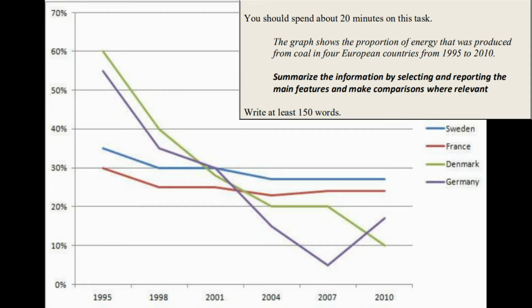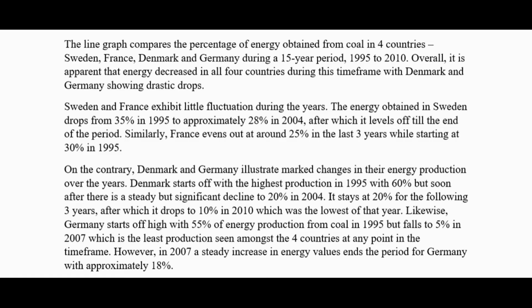Here is an example of a line graph from task 1. In the introduction paragraph, you have to mention the type of graph, whether it is line, bar, pie, or process diagram, map.